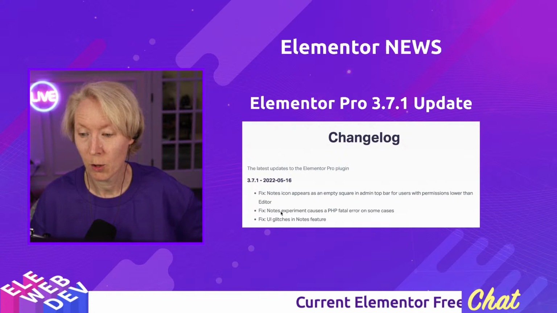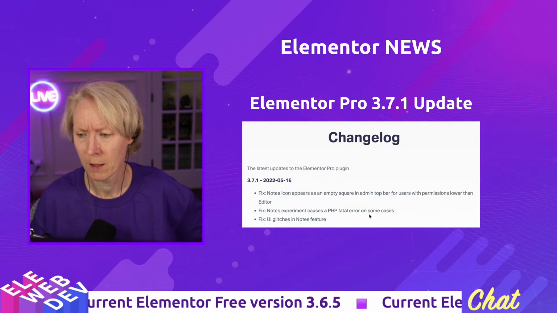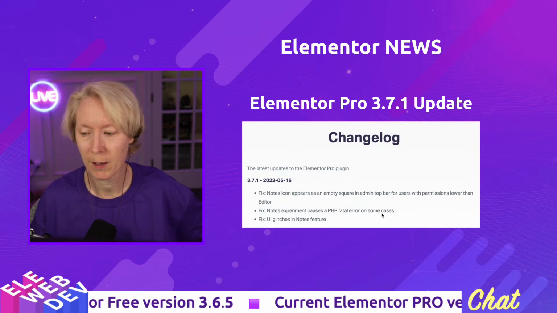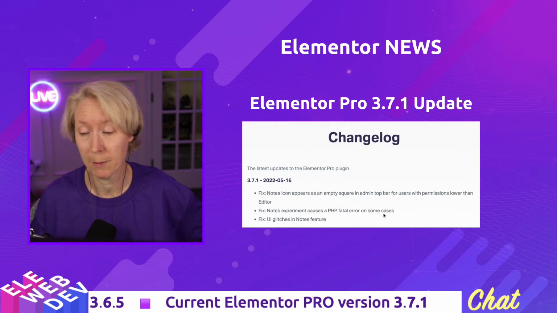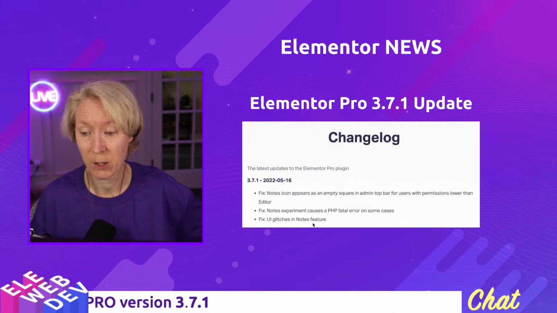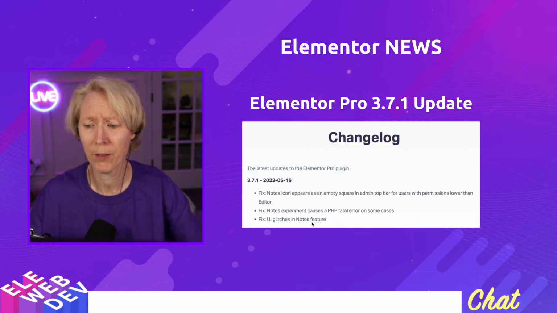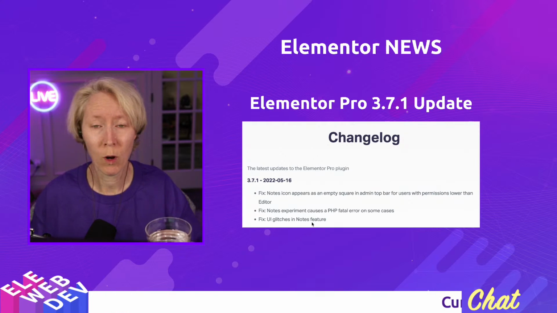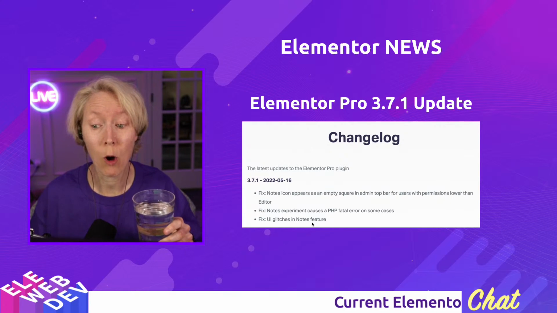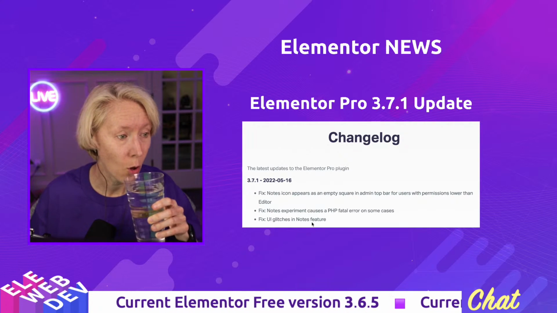The notes experiment caused a PHP fatal error. I didn't see that. In some cases, well, that case didn't happen to me. And it fixed UI glitches in the notes feature. So the little tiny update that happened with 3.7.1 was all about fixing the notes feature.